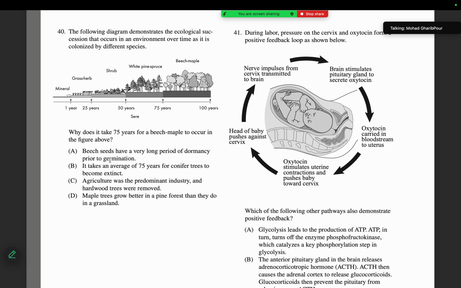Beech seeds have a very long period of dormancy prior to germination. Something like that, you wouldn't even have the information to choose this. So that's not an answer. It takes an average of 75 years for conifer trees to become extinct.